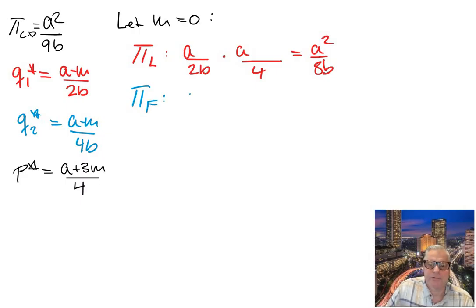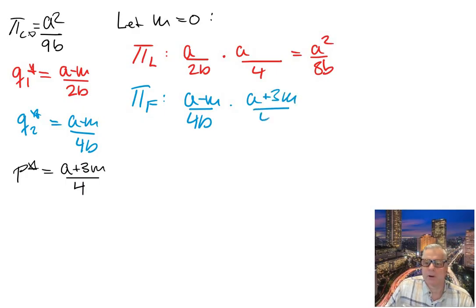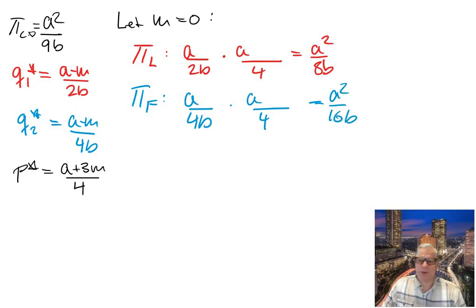So now we have A minus M over 4B times the price A plus 3M over 4, but again we assume for simplicity now that M is 0, so we get A squared over 16B, which is less than what they get.